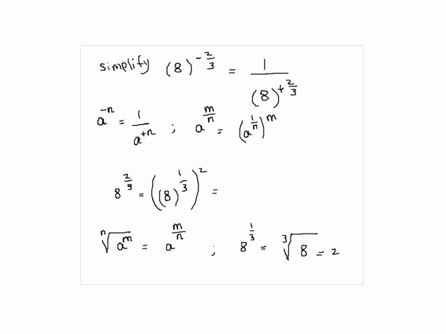In this case, the exponent here would be 1. So 8 to the power of 1/3 would be equal to 2. So I can replace the base here by 2. Now I have to raise this whole thing to the power of 2. So 8 to the power of 2/3 would be equal to 4 then.